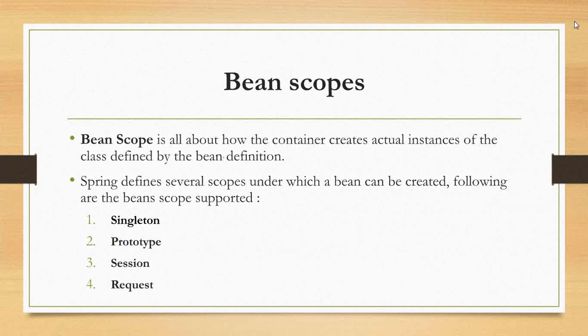So bean scope is all about how the container creates actual instances of the class defined with the bean definition. How the container creates the instances of a particular bean, how many bean instances it creates.